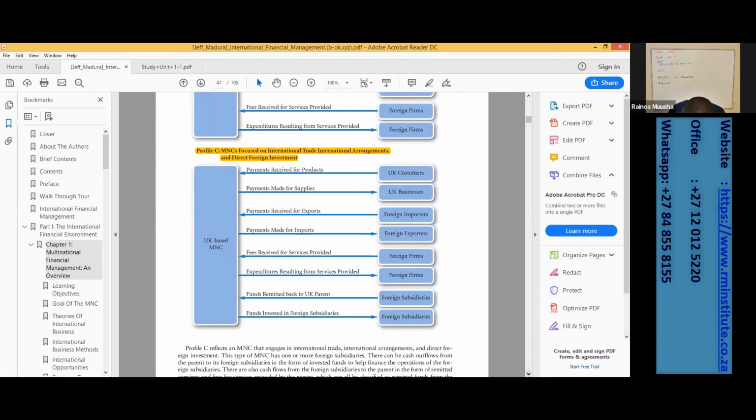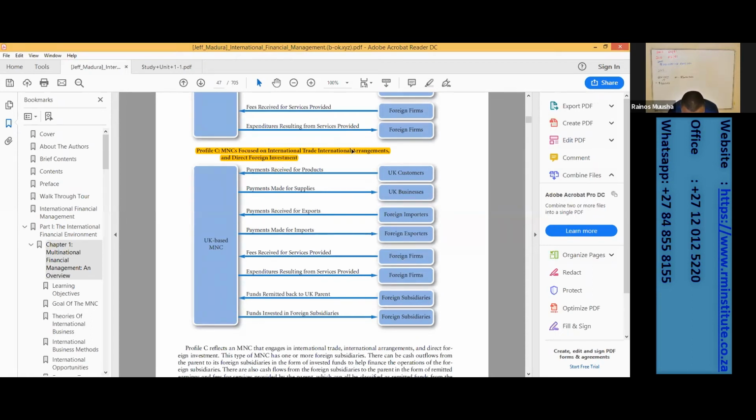Then the activities also expand on diagram C, where they say the multinational corporation is focused on international trade, international arrangements, and direct foreign investments. With international trade, there are going to be payments received for products, payments made for supplies, payments received for exports, and payments made for imports as well.